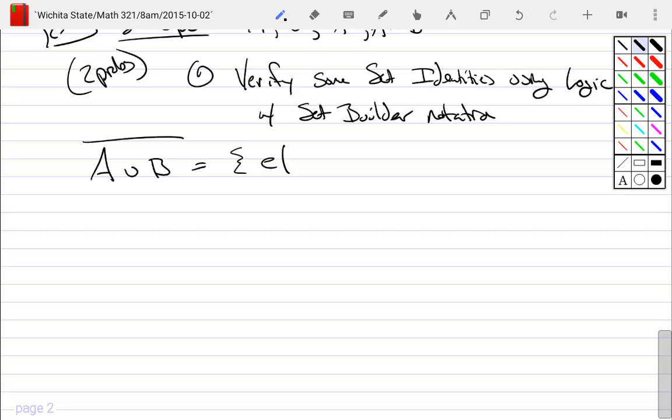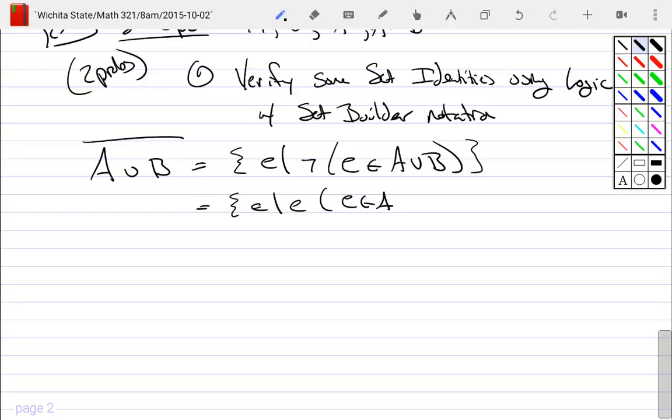These are all elements such that it is not the case that the element is in A union B, right? What does it mean to be in the union? That the element is in A, look at the symbol, or, stay same direction, the element is in B, right? Is everybody okay with that being the union?